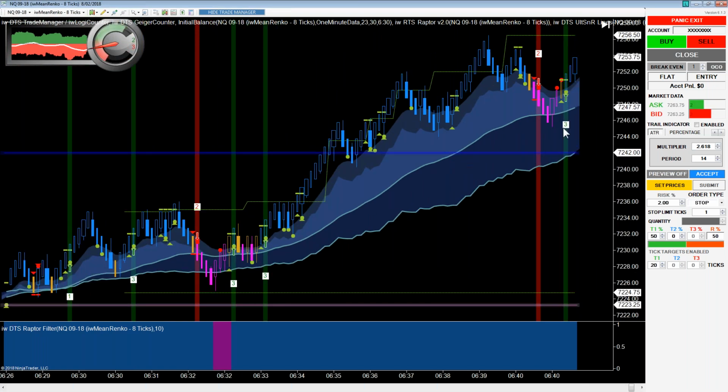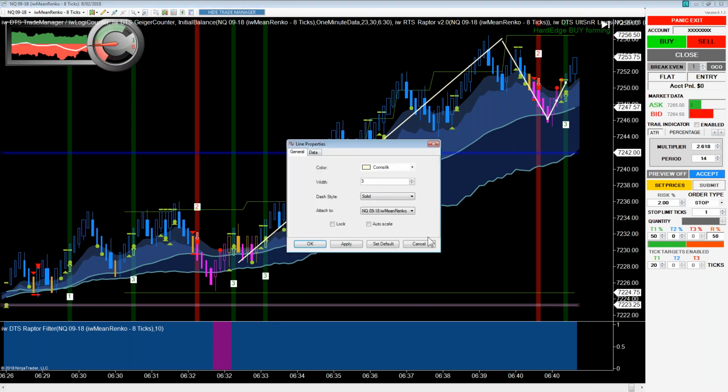Your number 3 signal is your hard edge bounce signal. Your hard edge bounce signal is a continuation signal. So the 2 components for a continuation signal are, A, you have to have something resembling a trend to continue, and B, you have to hit the hard edge and bounce.